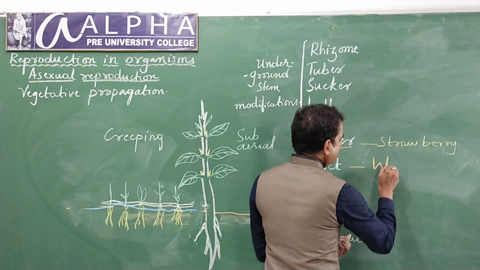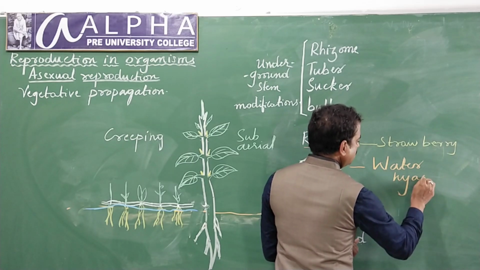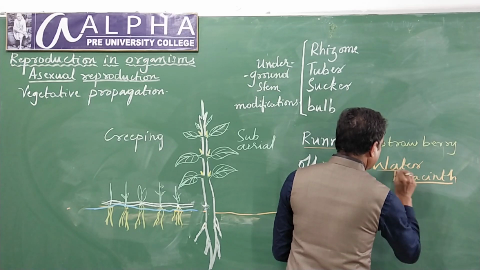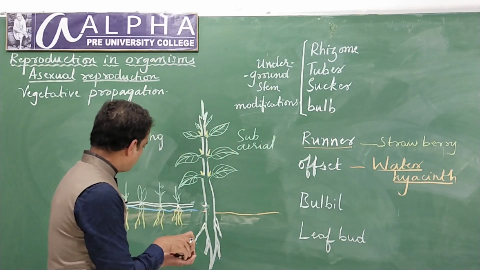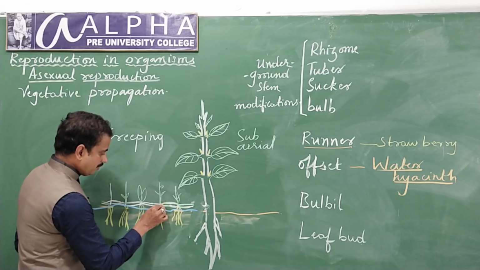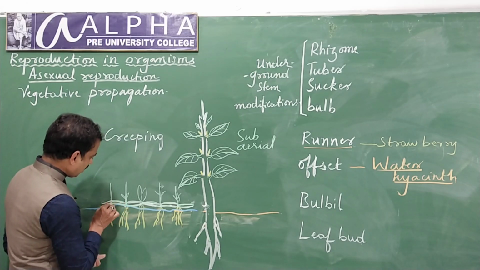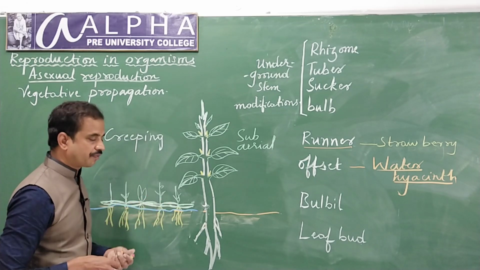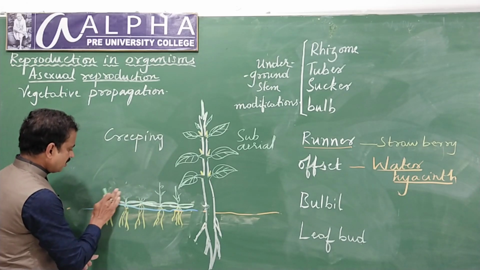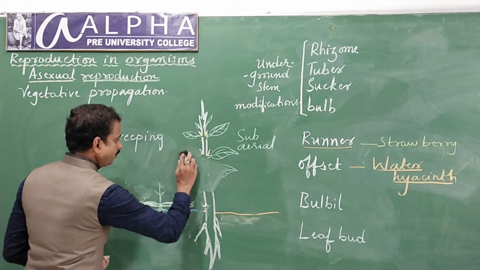In a plant like water hyacinth, it has a slender stem just above the surface, floating on the water, and it has leaves somewhat like this. Let me wipe this off.